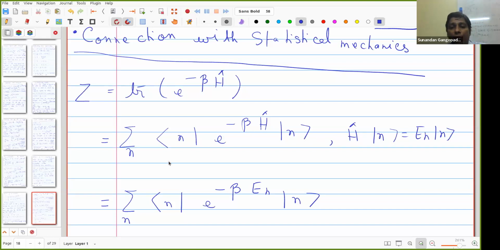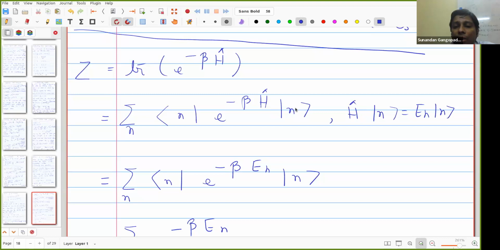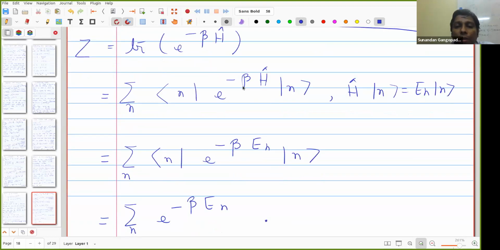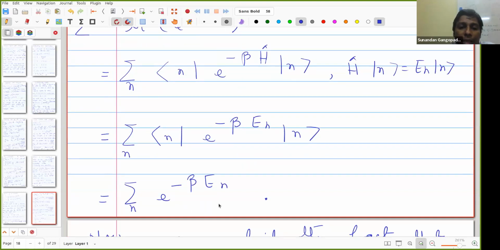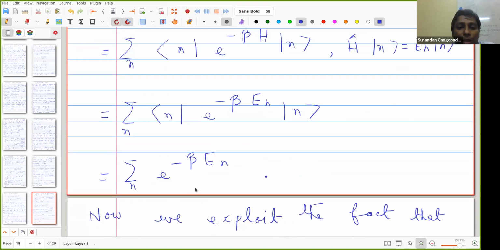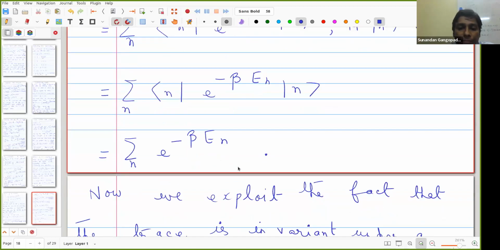This is the formula for the trace. Now once again, H hat acting on |n> will give you E_n, so I will get the factor of e to the power of minus beta E_n. That goes outside, and then it becomes the overlap of <n|n>, which is equal to 1. Therefore the partition function becomes simply the summation over n of e to the power of minus beta E_n.